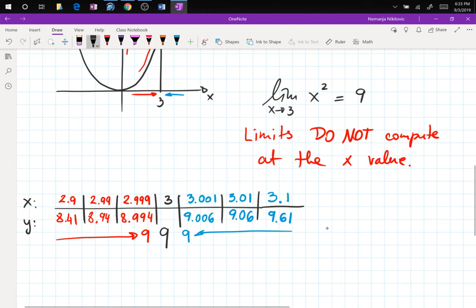You have the motion encoded in the arrow. X goes to 3. See, that's the reason why you have this very important sentence. X is not 3. X goes to 3. And that is a different concept, right?